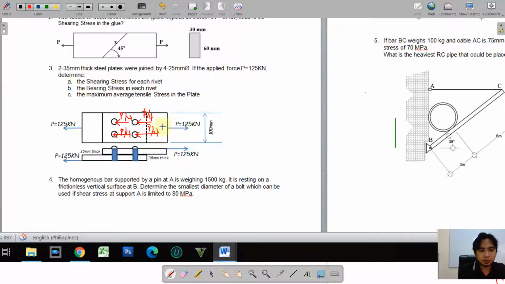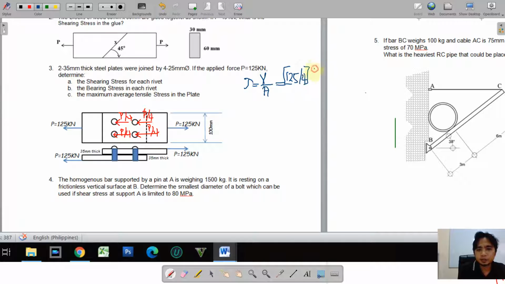So if we know that one, we'll just have to apply the formula for the shearing stress. And the shearing stress is given by the formula tau is equal to the shear force over the shear area. And then for the shear force, this is P over 4 for each of the rivets, 125 divided by 4.